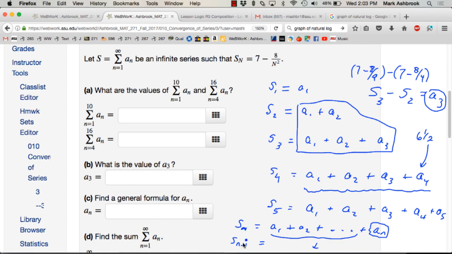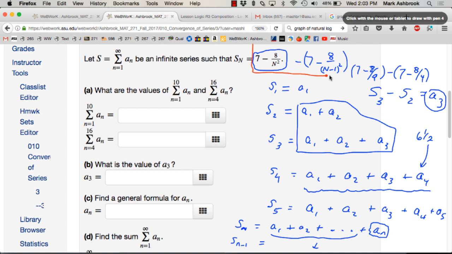So if we take Sn minus Sn minus 1, we get an. What is Sn? Well, Sn is this. And what is Sn minus 1? Replace the n with n minus 1, so it'll be 7 minus 8 over n minus 1 squared. What I'm putting in red would be a formula for a sub n, because it's the sum of the first n terms minus the sum of the first n minus 1 terms, leaving the nth term. So what I just put in red would be your answer for part C. Does it make sense?